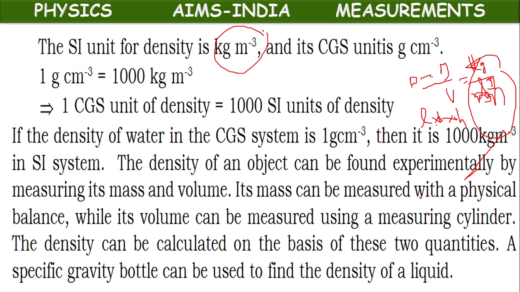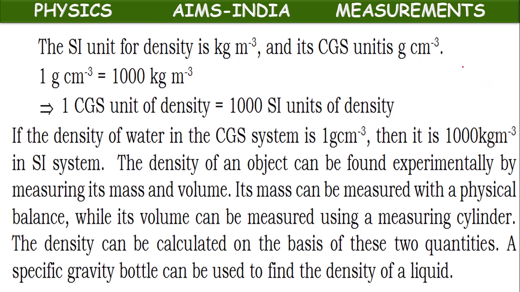So we write kg per meter cube, or kg m to the power of minus 3. This is the SI unit of density. The CGS unit is gram centimeter to the power of minus 3. The relation between these units is 1 gram per centimeter cube equals 1000 kg per meter cube.